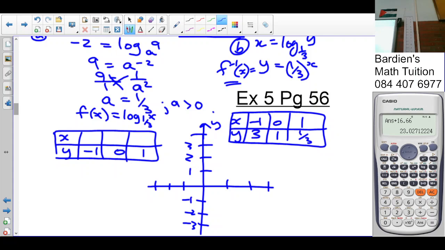So x is negative 1, y is 3. X is 0, y is 1. X is 1, y is a third. So what do we have? We're decreasing exponential function. And this is the inverse function.